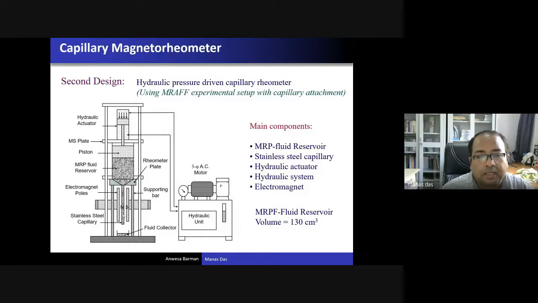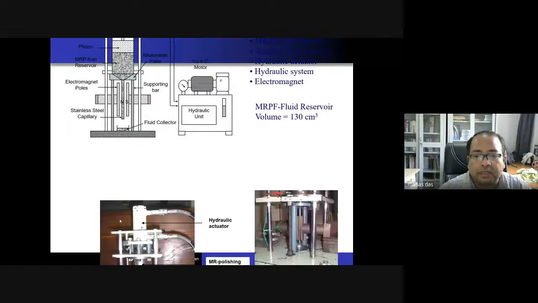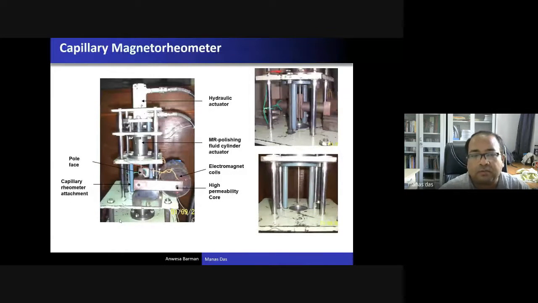In the same MRF setup there is an MR fluid piston and a hydraulic piston. We set a certain pressure from the hydraulic unit and allow the media to flow through the capillary. Like that we have measured the yield stress and viscosity of this fluid.